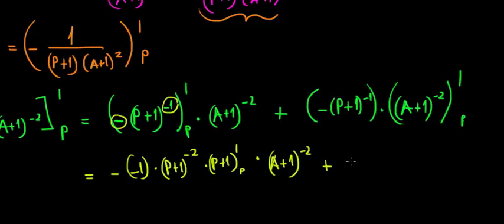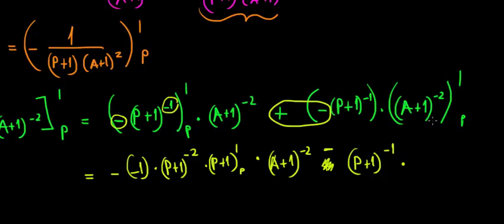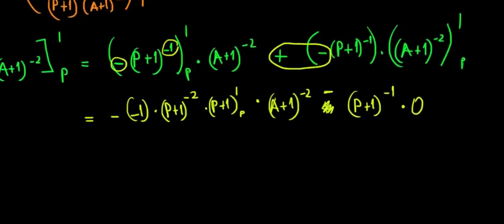And then plus, here we have, well, plus and minus. Plus and minus changes into a minus, so let's just write plus and minus, and here let's make it as a minus. Minus p plus 1 to the power of minus 1 times, what is the derivative of a plus 1 to the power minus 2 with respect to p? There is no p in our term, so the rate of change is going to be 0. So it's just 0.